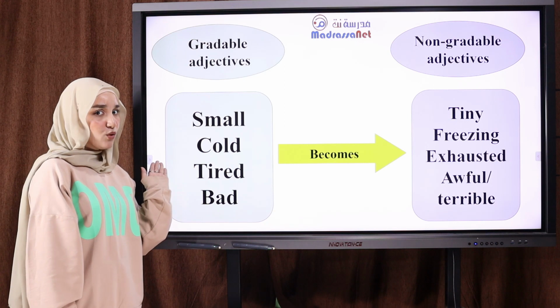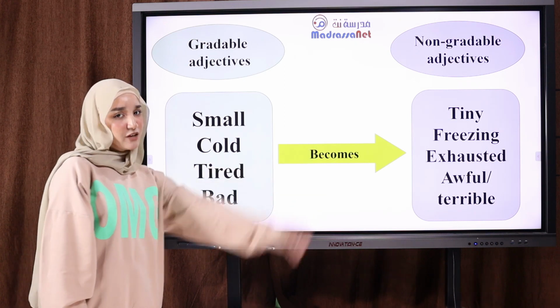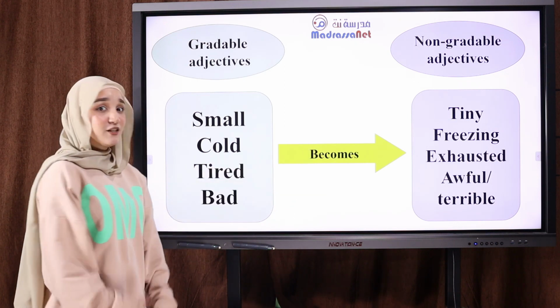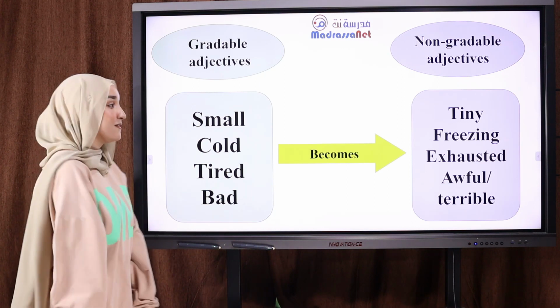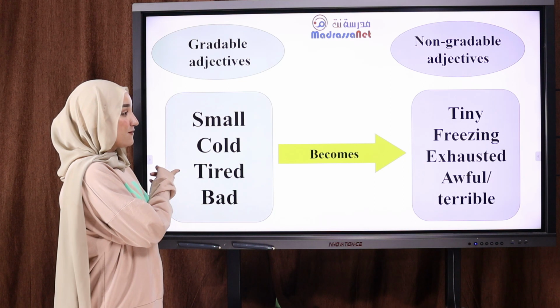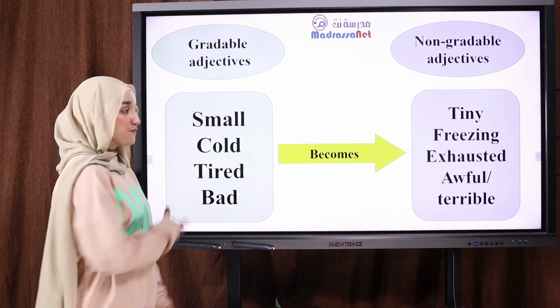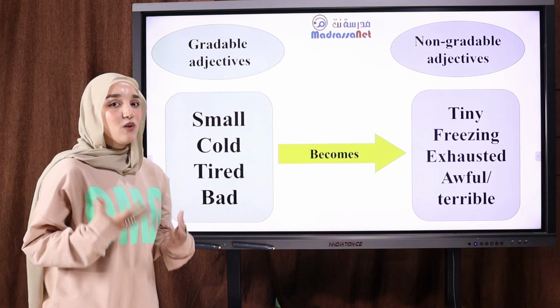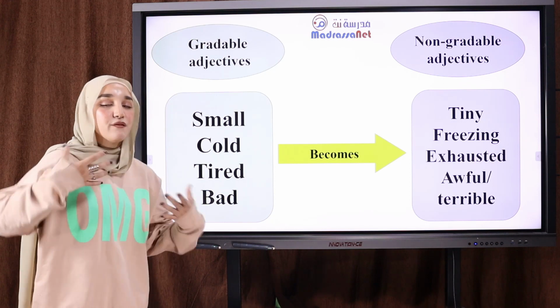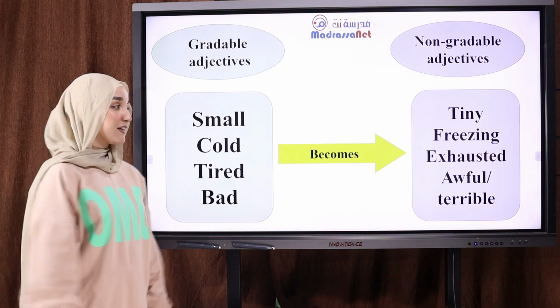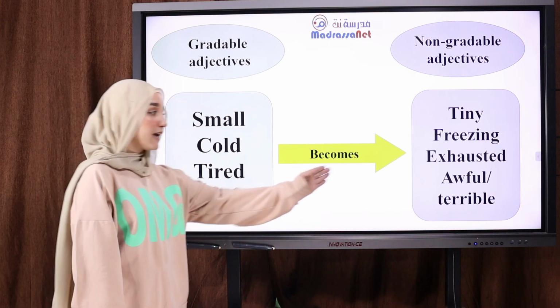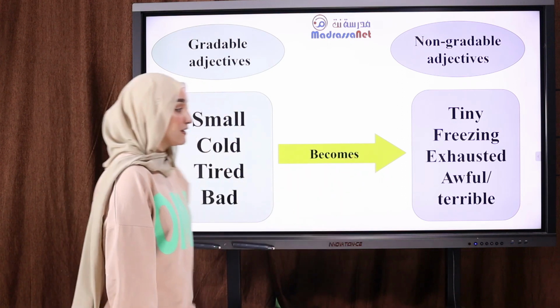We have cold becomes freezing. Imagine the North Pole, it's freezing out there. So the next one is tired. Sometimes you want to say that you are very, very tired. You can't just say very, very, very, okay? So you can just say exhausted.